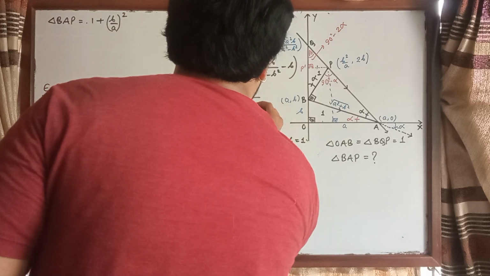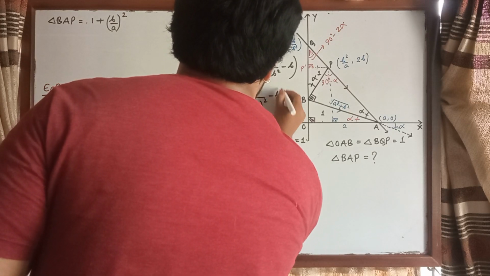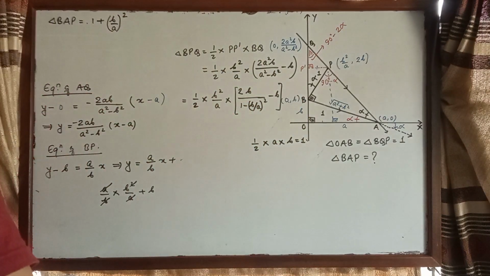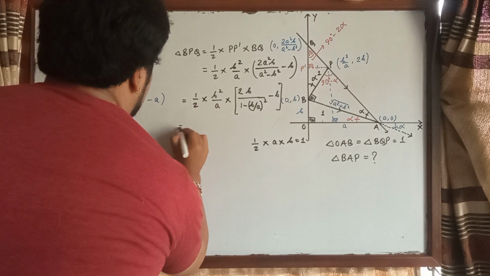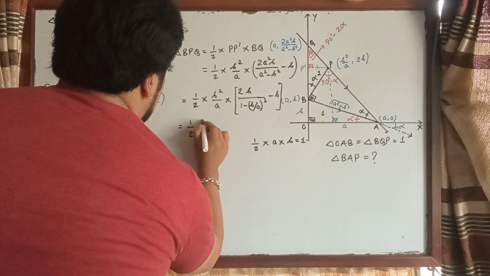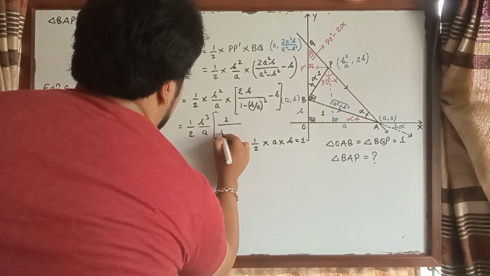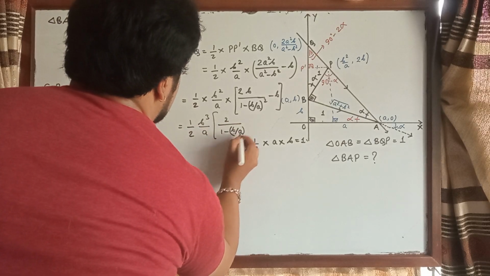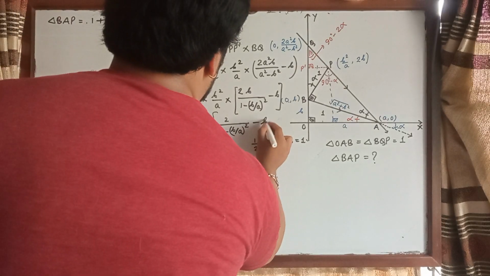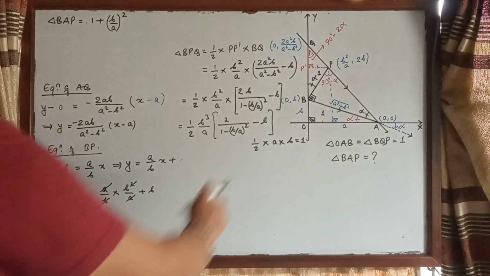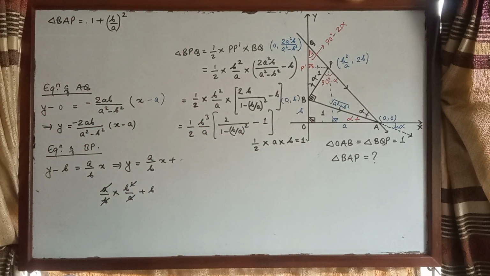So 1 minus b over a whole squared, minus b. This is what we are going to get. Now if we take this b as a common factor, we will get 2 over 1 minus b over a squared, minus b. Sorry, minus 1. And this is what we're going to get.